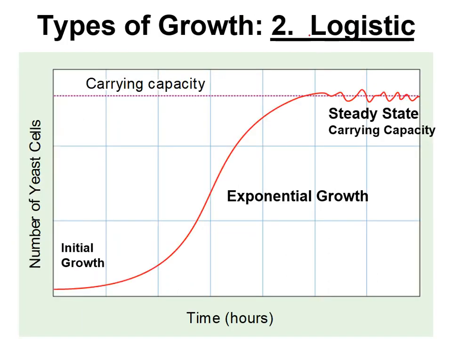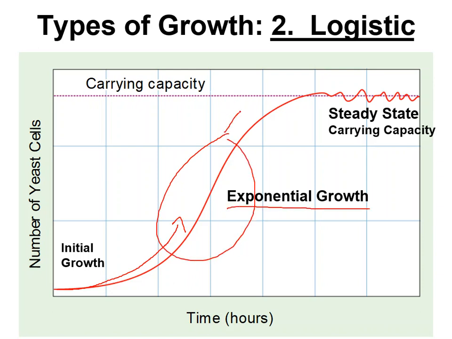The logistical growth curve is much more realistic and much more widely observed. So this is a period of initial slower growth, kind of in this first part. In this middle portion, you've got a period of exponential growth, but then you have slowing growth, and then you have what's called a steady state when you've reached the carrying capacity.